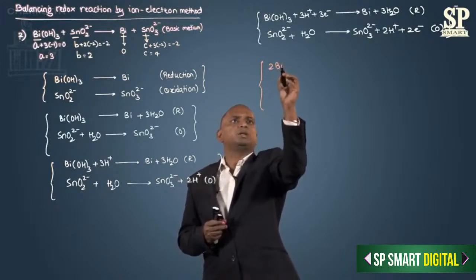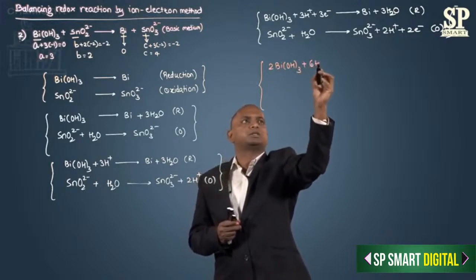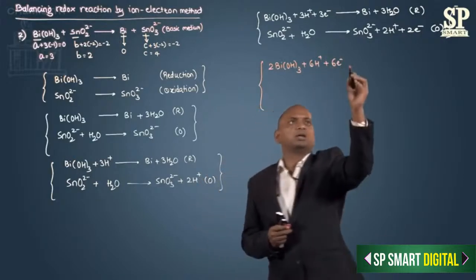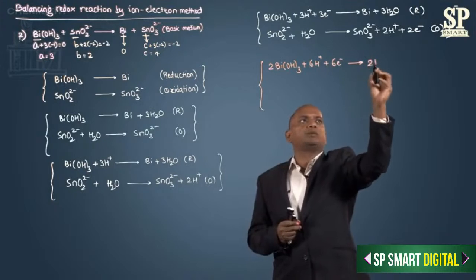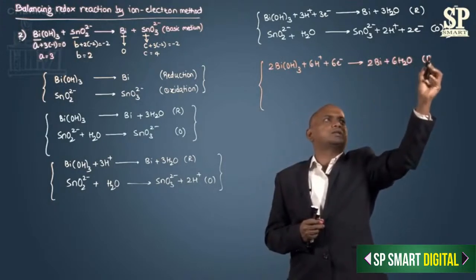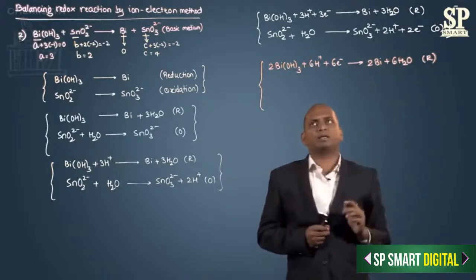So the next step will be 2 Bi(OH)3 plus 6H plus plus 6 electrons gives you 2Bi plus 6H2O. This is reduction. This reaction has to be multiplied by 3.